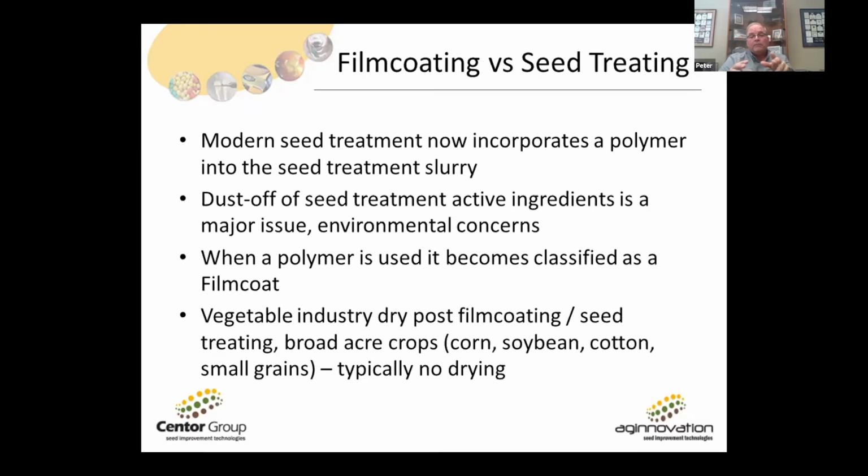For the Brassica crops, typically in the past, no drying has been done. There are instances where people are employing that technology now, and we'll talk about why that's happening, but it typically has not been done. But now we're starting to see more of that. So we wanted to make sure we pulled out that little nugget to ensure you understand that these differences occur within vegetable and Brassica crops.